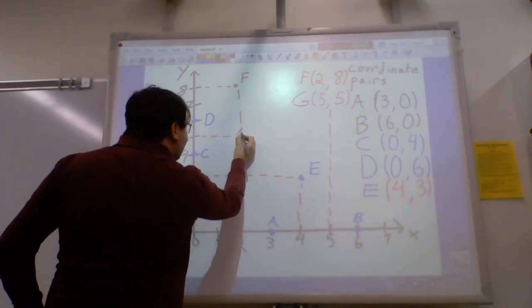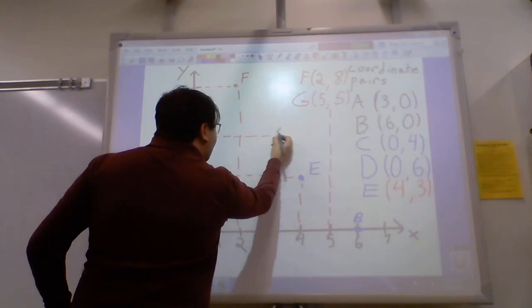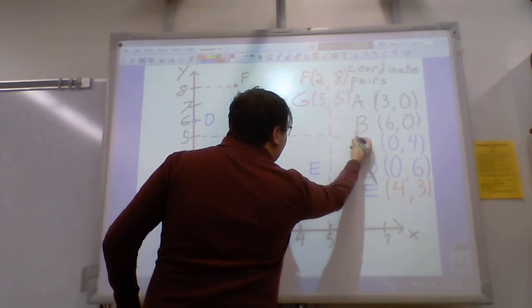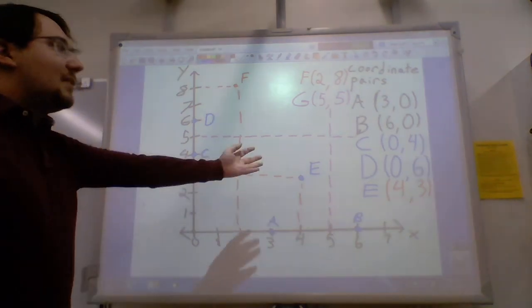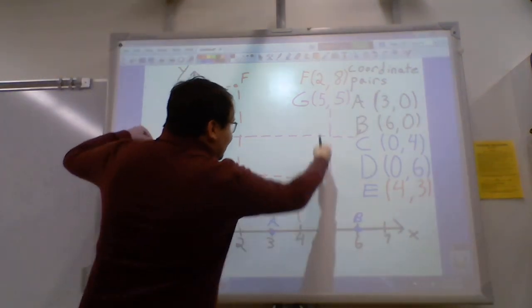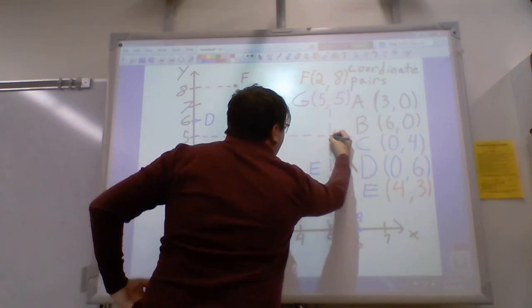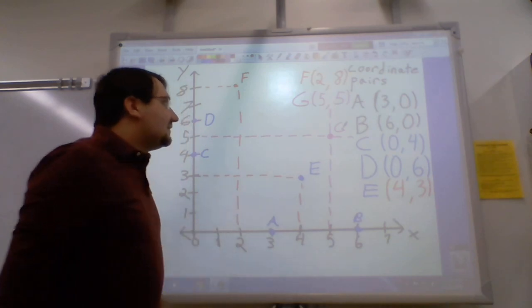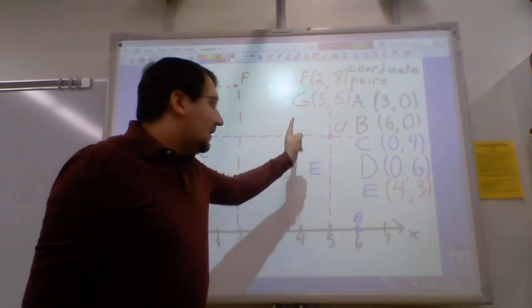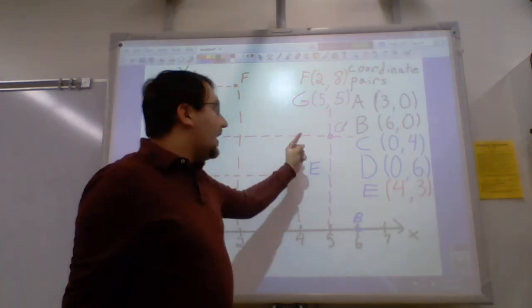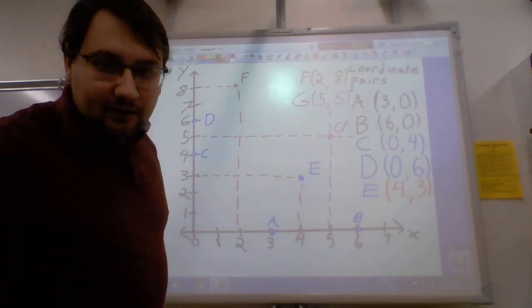We're just going to dash off. Keep going. Wait a minute, why did I keep going? My line's already connected. I now know that this is where our point G needs to be. Because this is at coordinate 5 on our X and at coordinate 5 on our Y line.